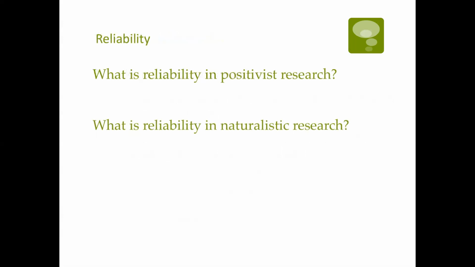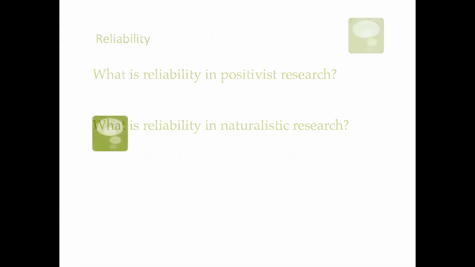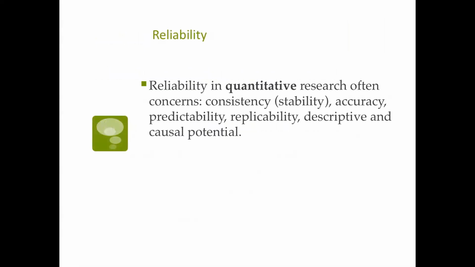Let's talk a little bit about reliability and contrast reliability in positivist research to reliability in naturalistic research. So reliability in quantitative research often concerns consistency or stability, accuracy, predictability, replicability, descriptive and causal potential.